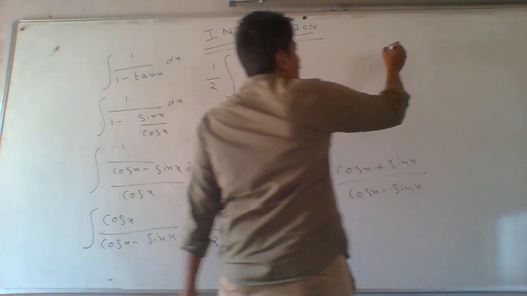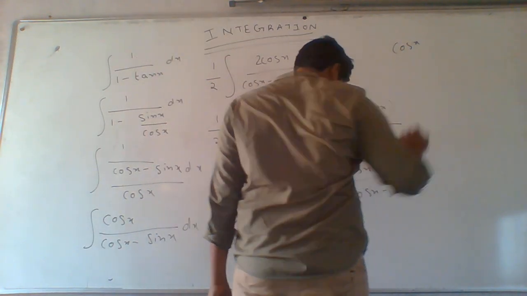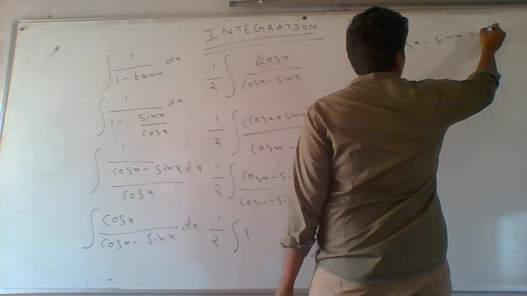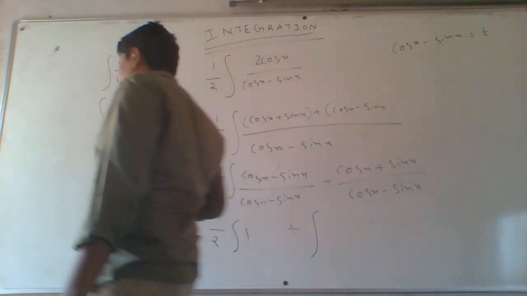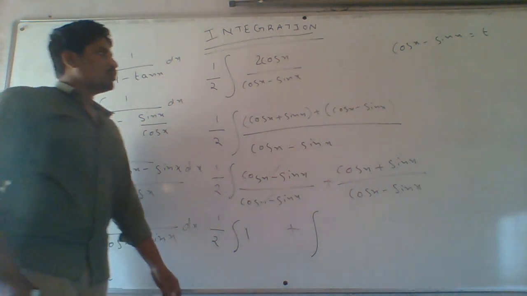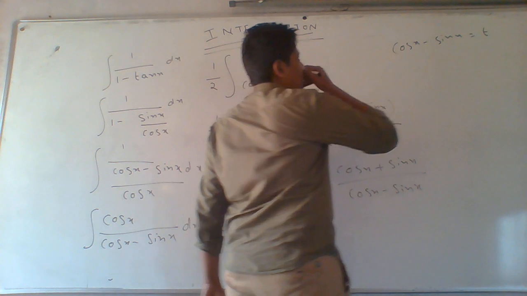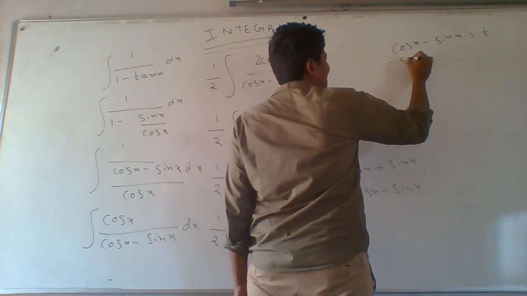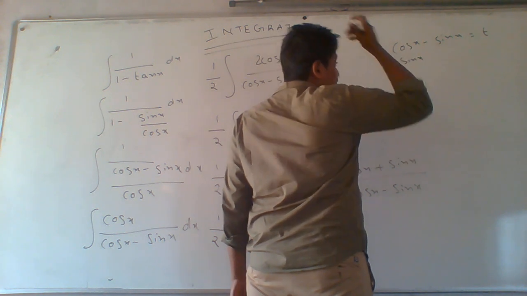Next, now cos x minus sin x equals t. Apply derivative on both sides. What is the derivative of cos x? It is minus sin x. What is the derivative of minus sin x?